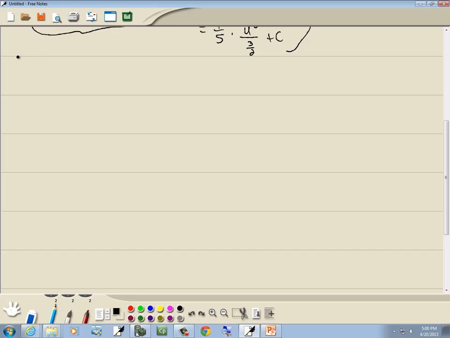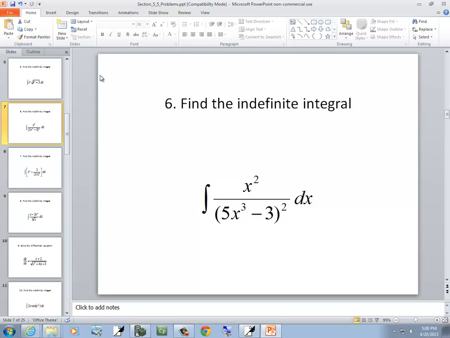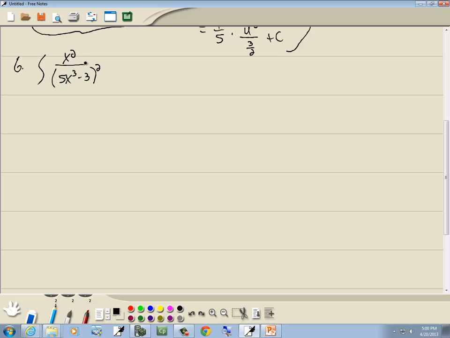Okay, let's look at this one. We got x squared, and we got 5x to the third minus 3 to the second power dx. Well, with our U-substitution, I said if we have parentheses to a power, try to let u equal what's inside the parentheses.